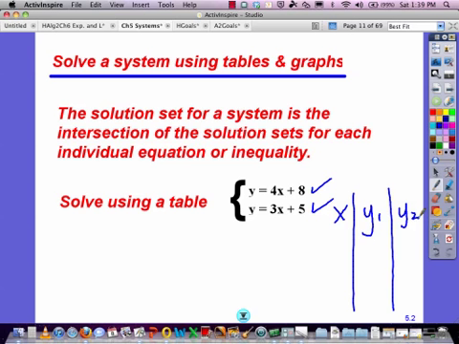And these xy values should be recorded for each separate line. Now, if you haven't, go ahead and punch those into your calculator. I'll give you a second here to do that. So y equals 4x plus 8, and then y equals 3x plus 5.